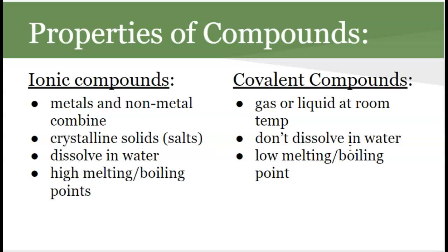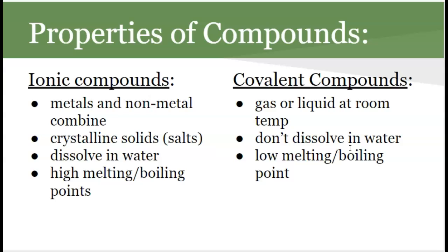For example, sodium chloride is table salt, and it has sodium from the left side, which is a metal, and chlorine, which is a nonmetal from the right side. Typically, these things dissolve in water and really other polar substances, and they oftentimes have a high melting point. And the reason that is because ionic bonds are really strong. And so it takes a lot of energy, in this case heat, to break those bonds.